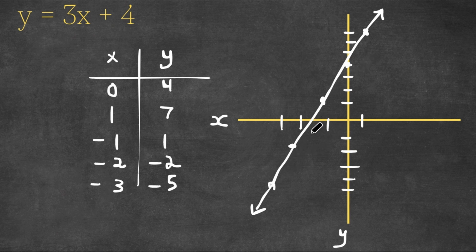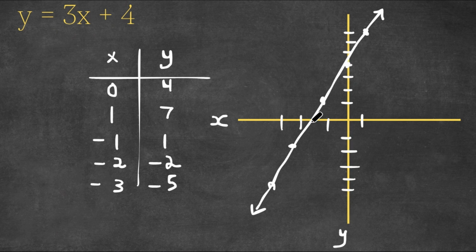For the x-intercept, it's for the x-axis, so the point where our line intercepts the x-axis, and the y-intercept is for our y-axis, so the point where it intercepts our y-axis. And as you can see, for this point here, x has to be 0 in order for this point to be on the y-axis, right?